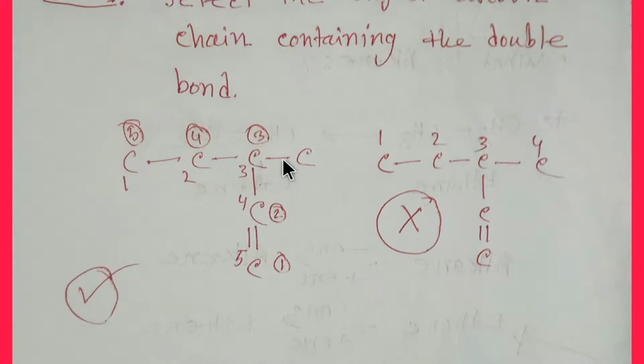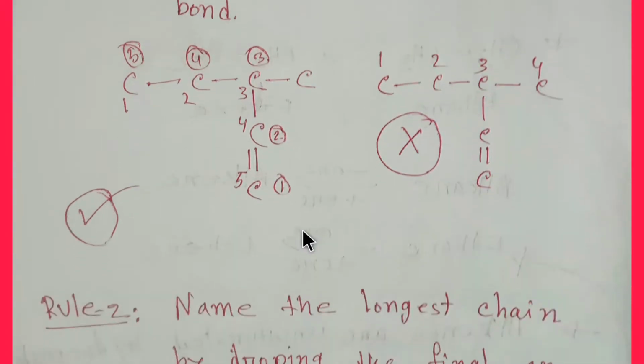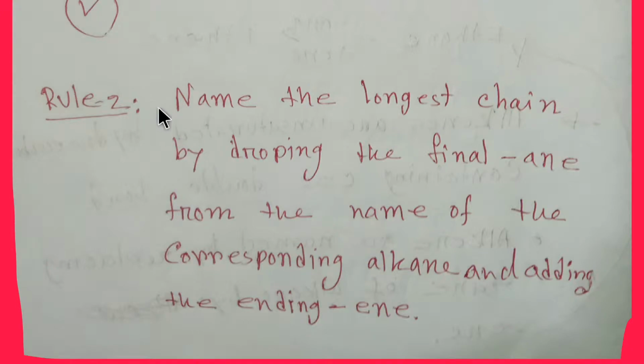So 1, 2, 3, 4, 5. Our parent alkane is pentane, but due to the presence of the double bond, we have to consider it as an alkene. So this is pentane, and from pentane we get pentene. This is pentene. Rule number 2.